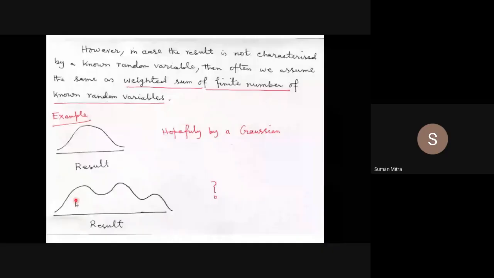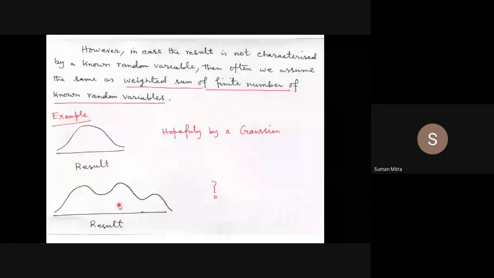So what we say is that the entire distribution can be considered as a weighted sum of a finite number of known random variables. Finite, because here we have 1, 2, 3. So 3 means a finite number. And this is a weighted sum of known random variables, where the known variable here is the Gaussian.